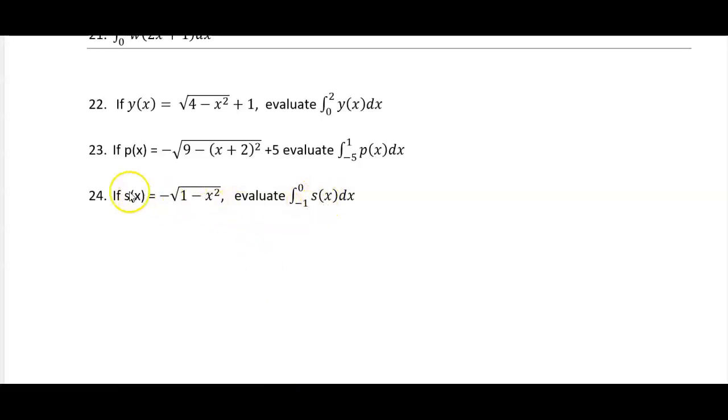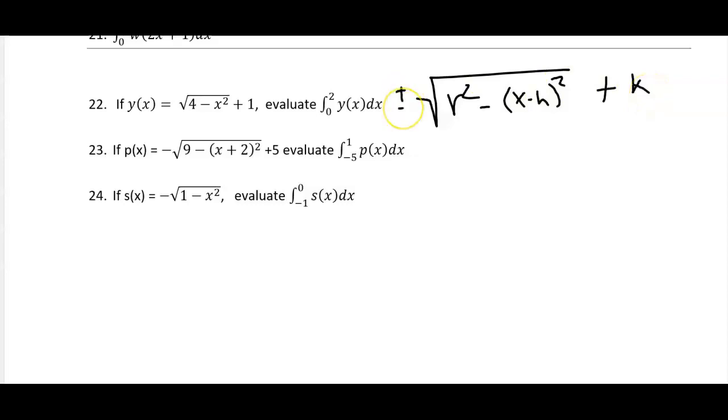These are the ones where you have to turn the equation into a picture, and then you're going to go ahead and find the area based on geometry. So when we looked at these, we have a little formula here. Okay, so the R represents your radius.